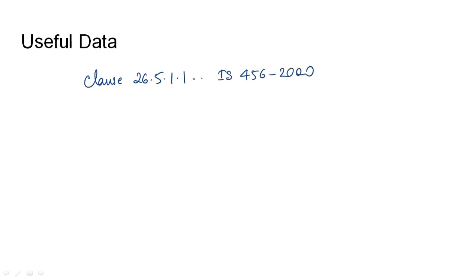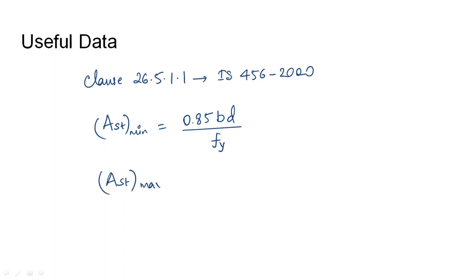As per this clause, the minimum steel in a beam is given by 0.85 times the width into effective depth divided by the strength of steel. In a similar manner, the maximum steel requirement is given as 4% of the area, that is B times capital D. Here D is the depth and B is the width.